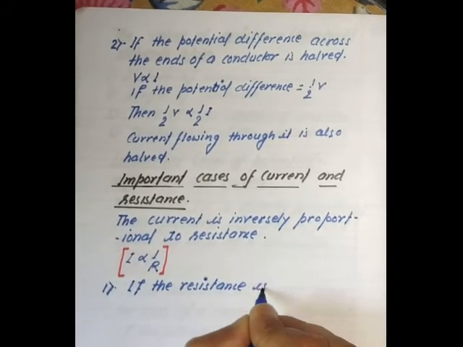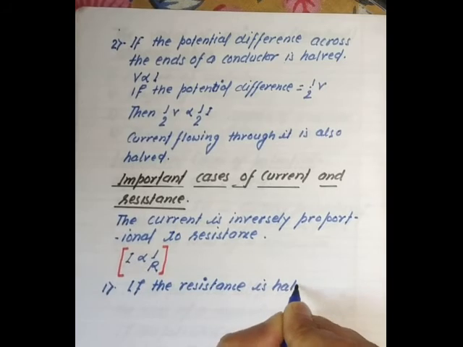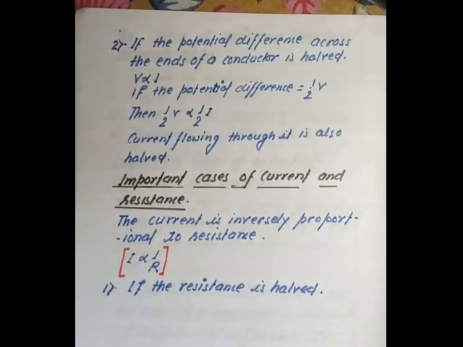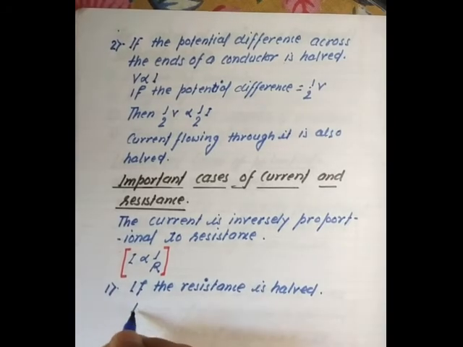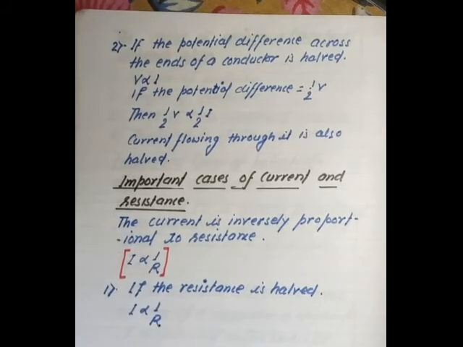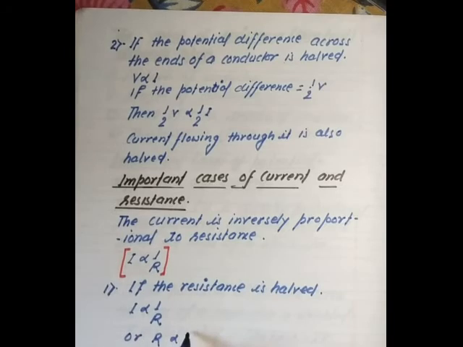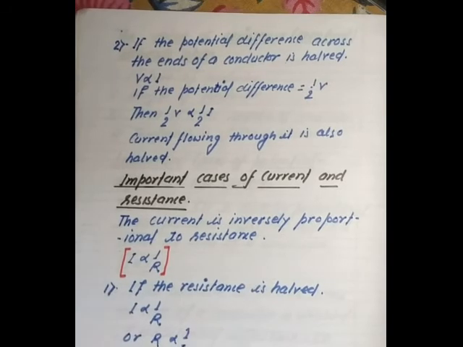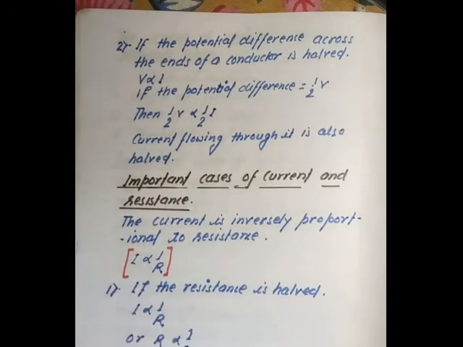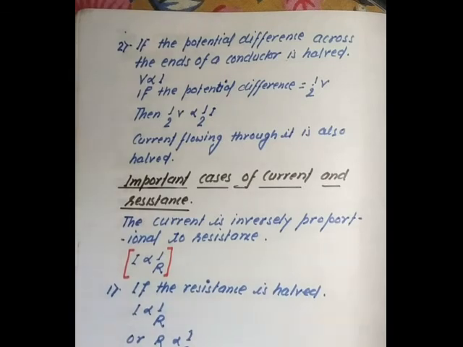We know that current I is inversely proportional to the resistance, or you can write R is inversely proportional to 1 upon I. Both are the same. It depends on which quantity or which type of question you are given.